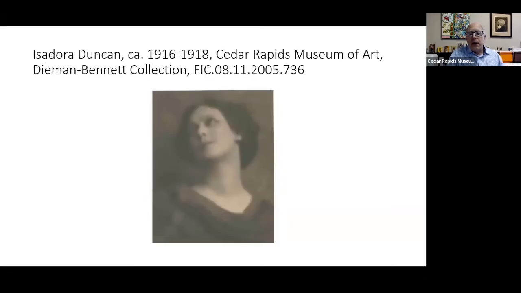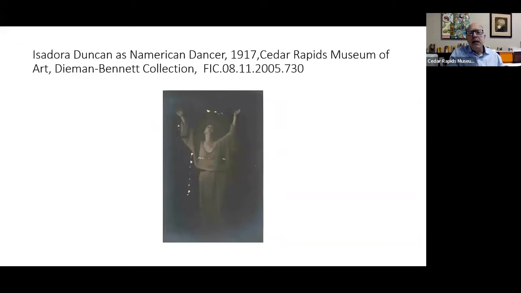Here, another very classical, and I mean by that classical art inspired, pose of Isadora Duncan from around the same year. And here, in a somewhat damaged photograph that we have, we see her adopting another pose in this Greek chiton dress. So again, very different from what you would find in classical ballet.